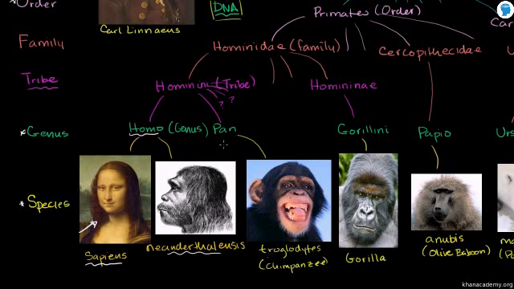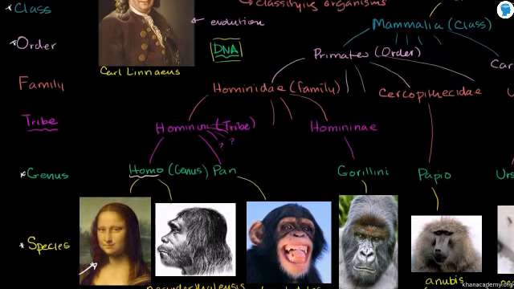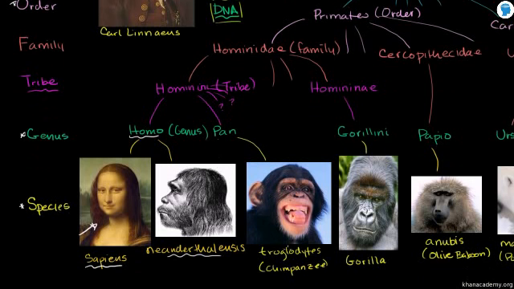So you would refer to them as Pan troglodytes. And that's also another convention that Carl Linnaeus came up with, that you refer to a particular species by its genus and then its species, and you capitalize the genus and you lowercase the species. So we're Homo sapiens, this is Homo neanderthalensis, this is Pan troglodytes, or often referred to as chimpanzees.